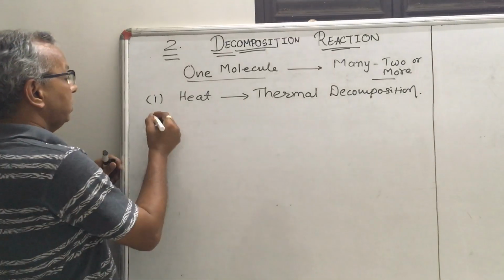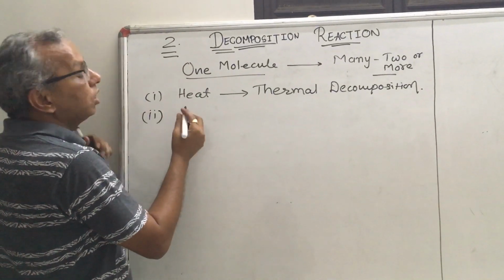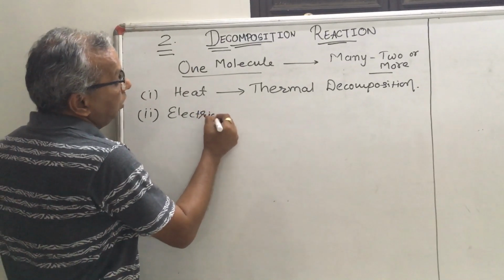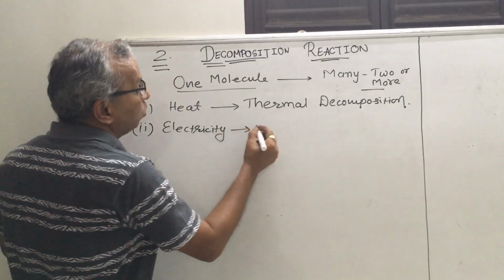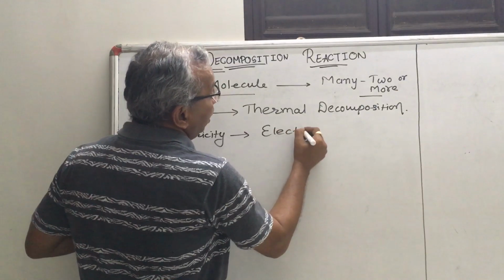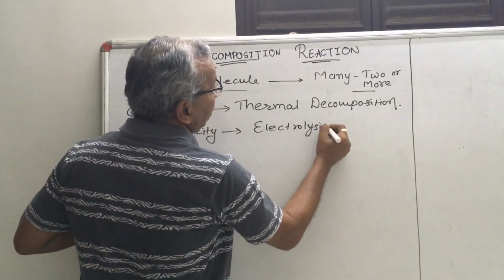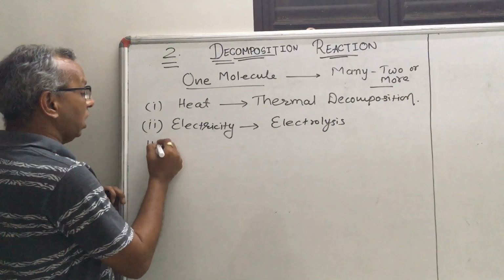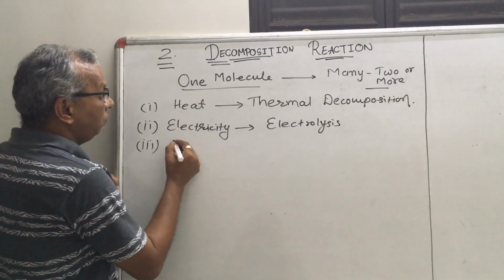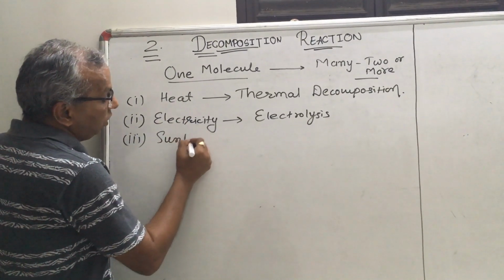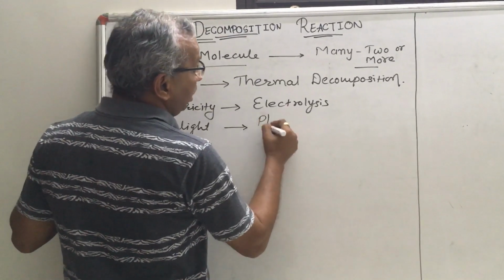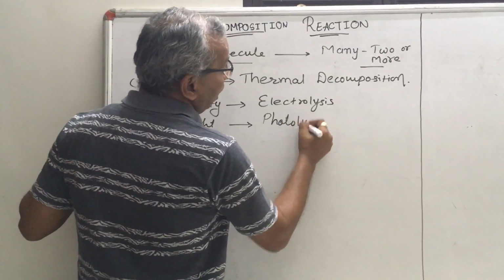Okay friends. The second type of decomposition reaction, in which electricity is used to decompose, is called electrolysis. And the third and last type of decomposition reaction, in which sunlight is used to decompose the molecule, is called photolysis.